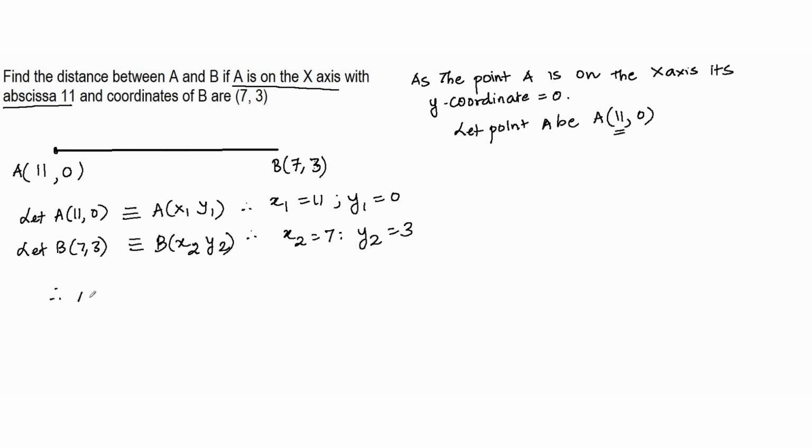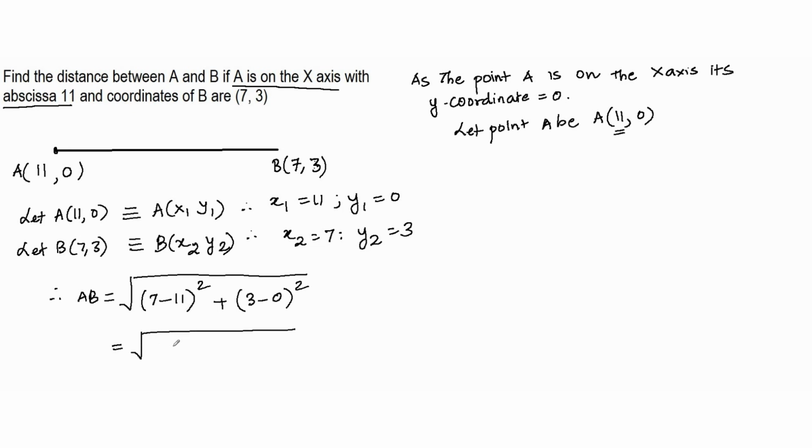And therefore, the length of AB is going to be under root of x2 minus x1 the whole square plus y2 minus y1 the whole square. So this is going to be under root of 7 minus 11 is minus 4 the whole square plus 3 square, that equals square root of negative 4 the whole square is 16 and 3 square is 9, and this is going to be square root of 25, which is equal to 5 units, right? So therefore the length of AB is going to be 5 units.